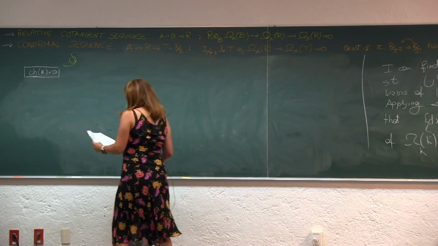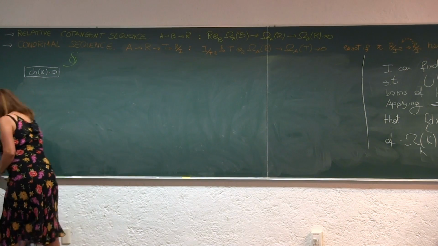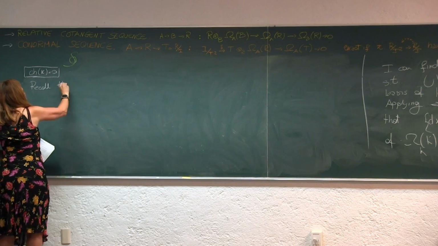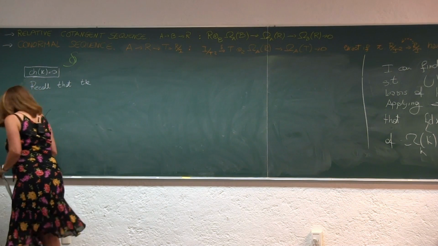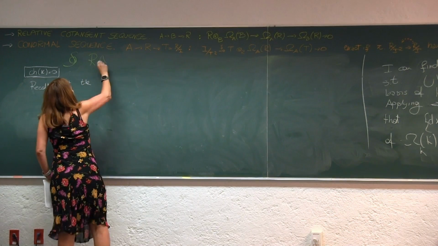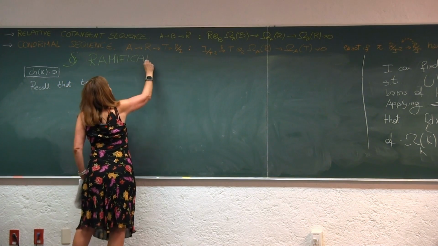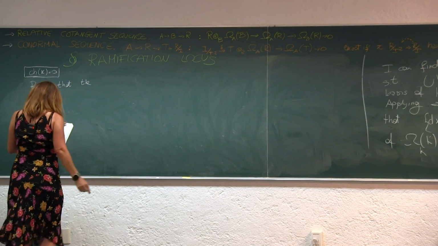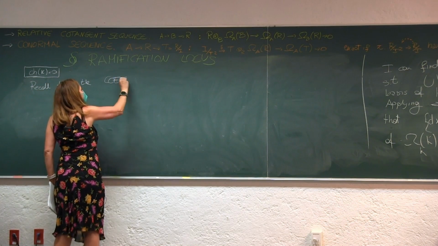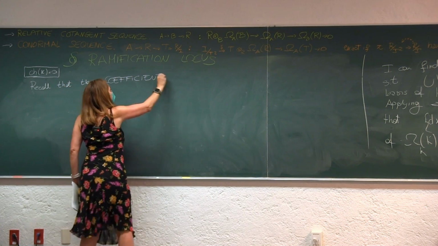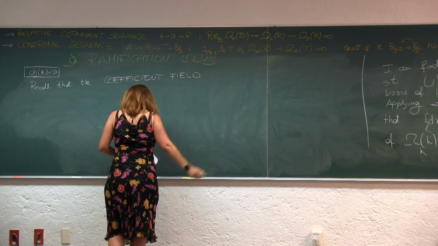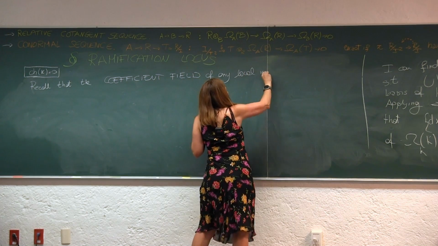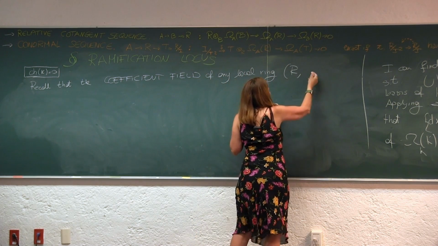Okay, so now I want to recall one thing that I'll need. So recall, this is called the ramification locus. This is this section. So recall the coefficient field of any local ring. Remember that you can always denote a local ring with a triple (R, M, K).